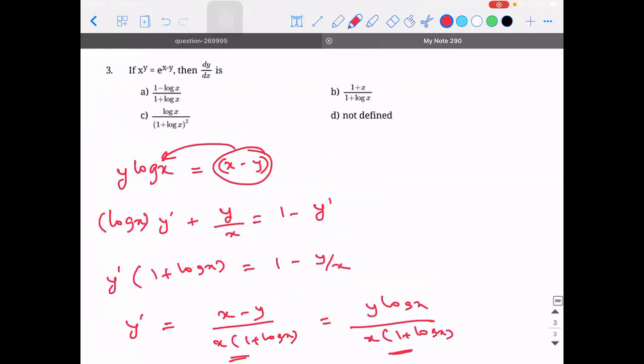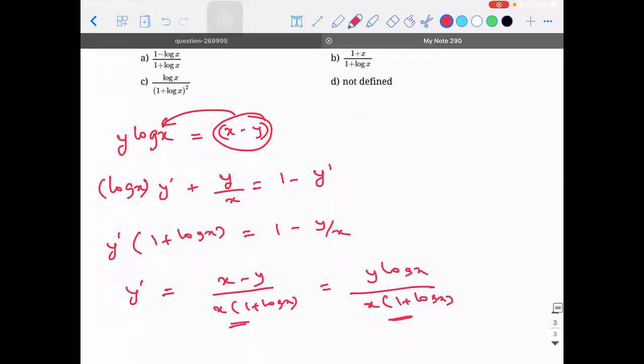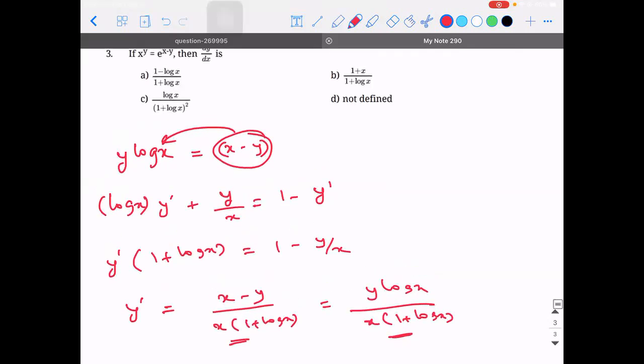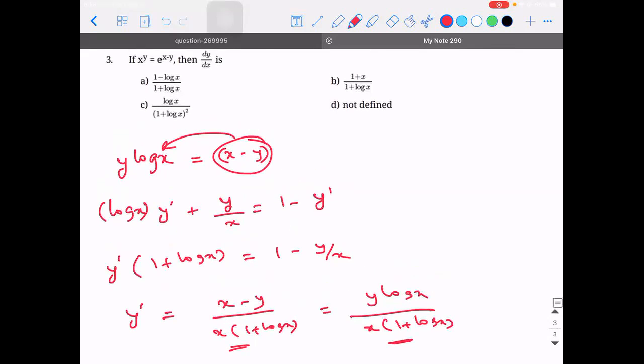Is there an option like this? What am I missing? We can do this thing also.